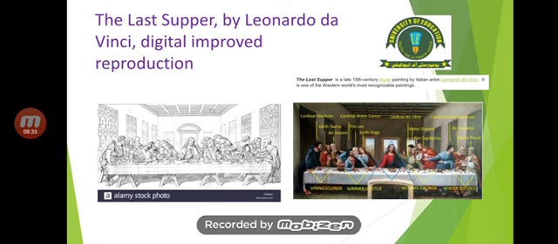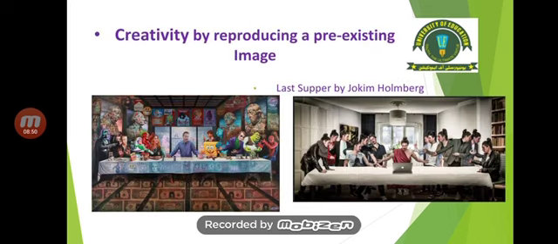Now we can see how artists can play on pre-existing images and generate their new idea in an already pre-existing image. Creativity by reproducing a pre-existing image. Here you can easily identify the composition.